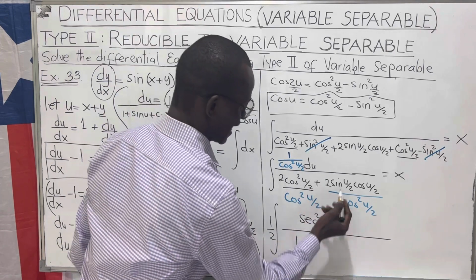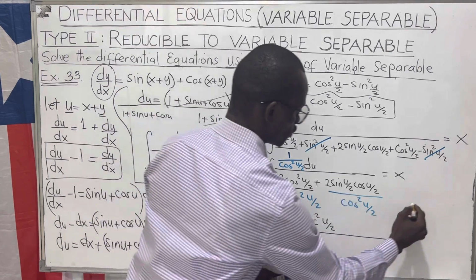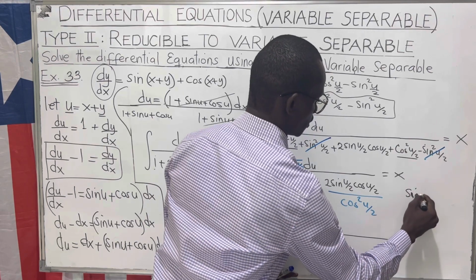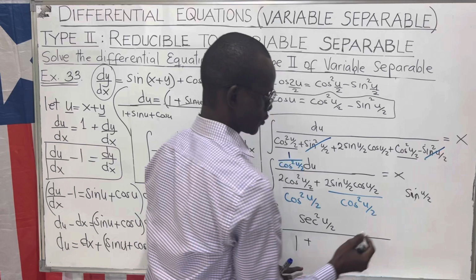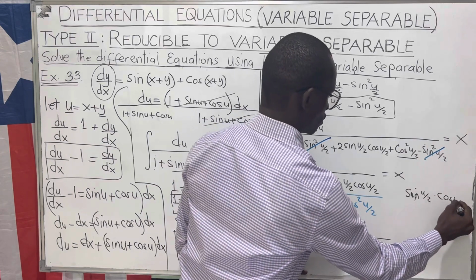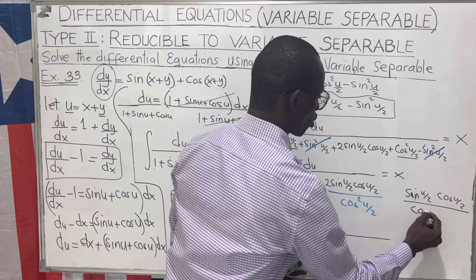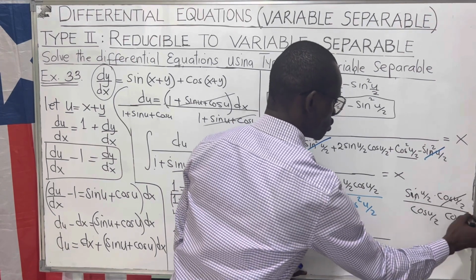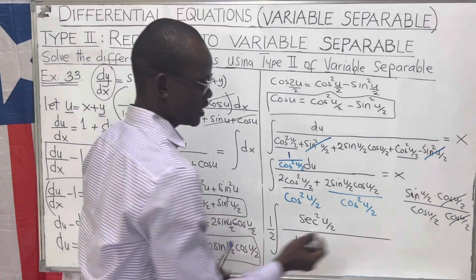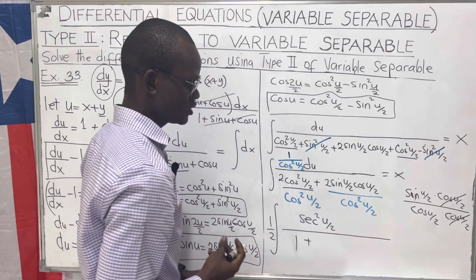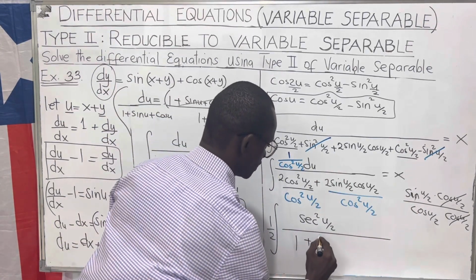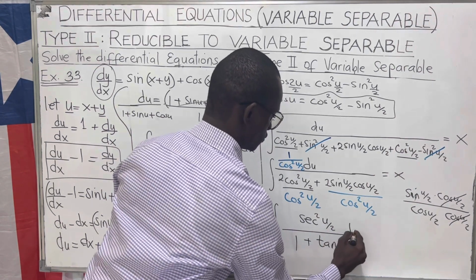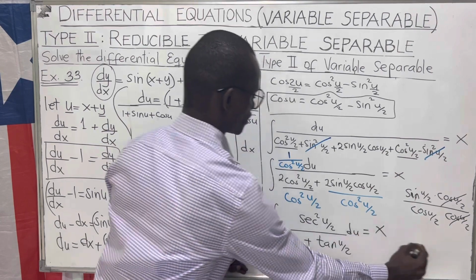Plus sine u over 2 times cos u over 2 divided by cos u over 2 cos u over 2. So this cos u over 2 can cancel this cos u over 2, and we'll be left with sine over cos, which is just tangent. So down here is tangent u over 2, all equals to x.